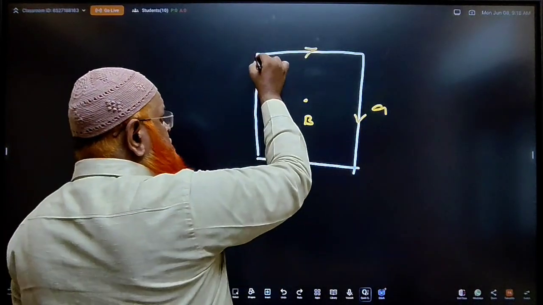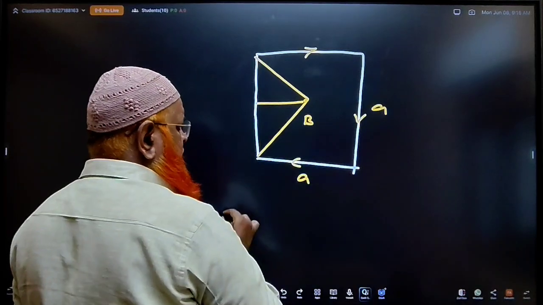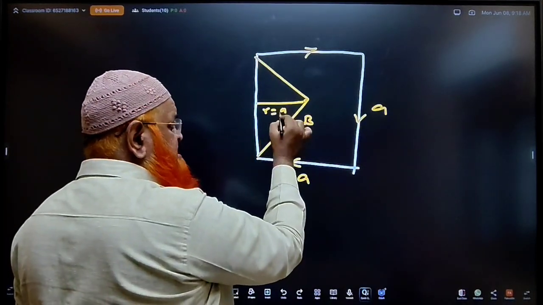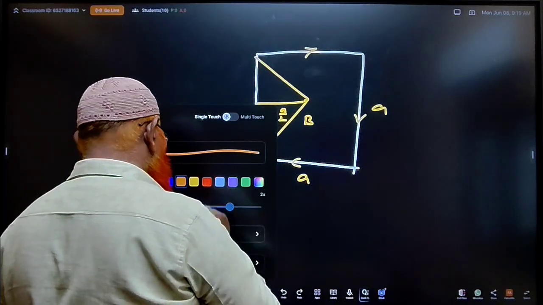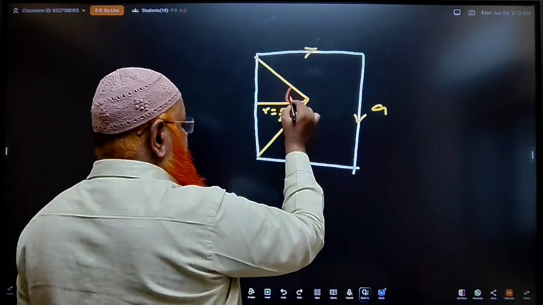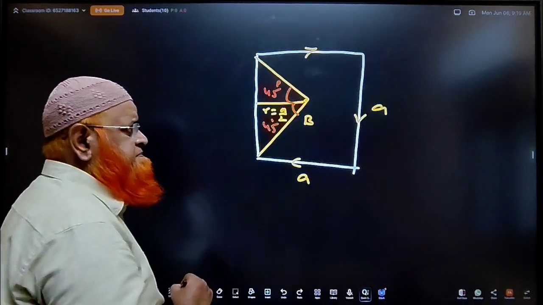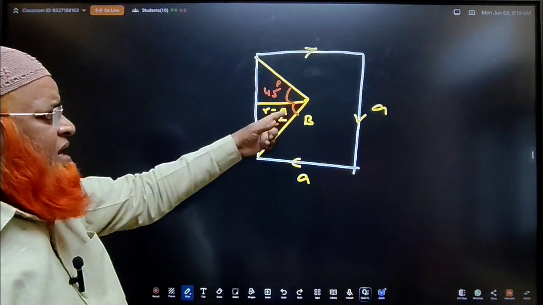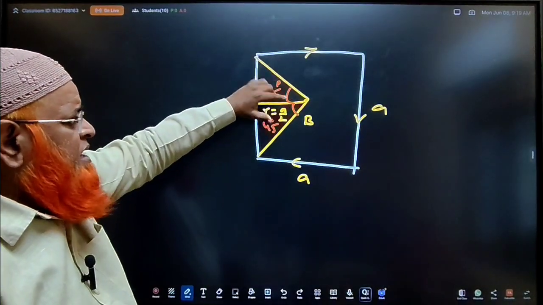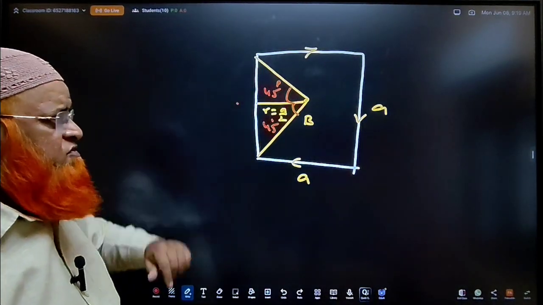The simple thing is, you extend this and draw a line in the middle. So this radius is A by 2. What is this angle now? This angle is 45 degrees and this angle is also 45 degrees. For a square at the middle, the angle made is totally 90 degrees, so exactly in the middle it is 45 and 45.